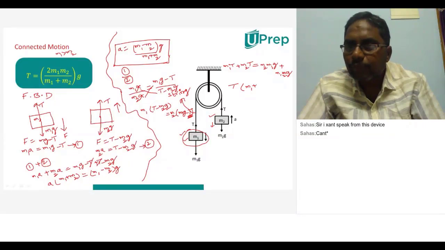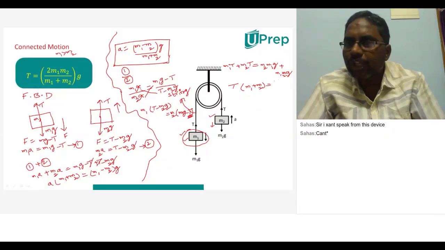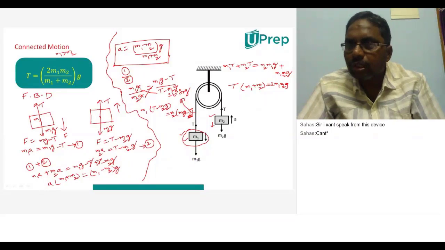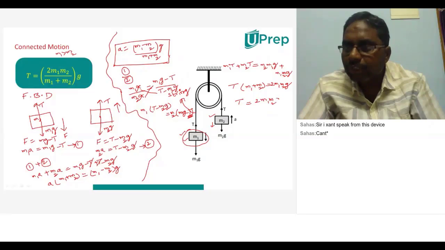M1 plus M2 will be there, which is equal to M1M2 or M2M1, both will be the same only. So here I can write 2M1M2g. And now if I write the T value, T is equal to 2M1M2g divided by M1 plus M2.